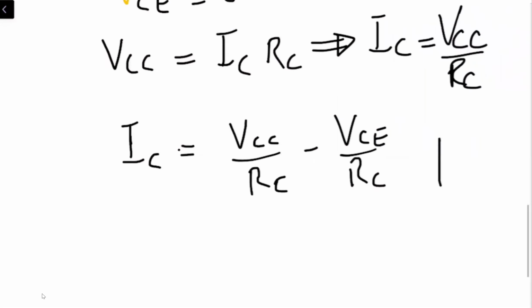The straight line equation is y is equal to mx plus c. Right? Y is identifying the y-axis, x is identifying the x-axis, m is the slope, and c is the constant over here. Right? From your mathematics knowledge, you have this thing.